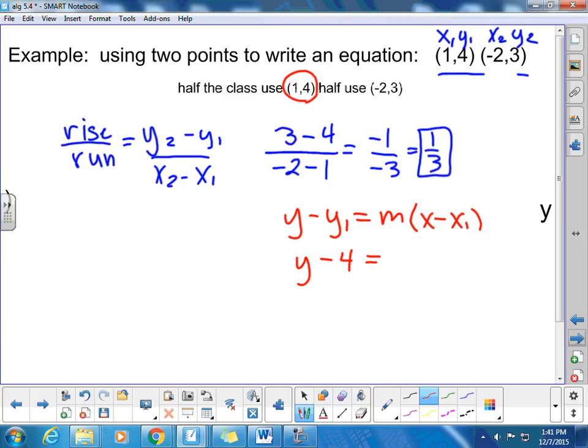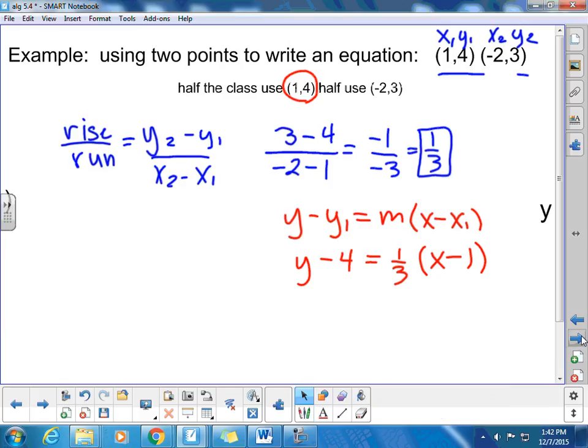Somebody tell me what the m is. And you should have picked 1/3. Then we have x minus, what do we put in for our x? You should have picked 1. That comes from the point, and that would be your answer in point slope formula.